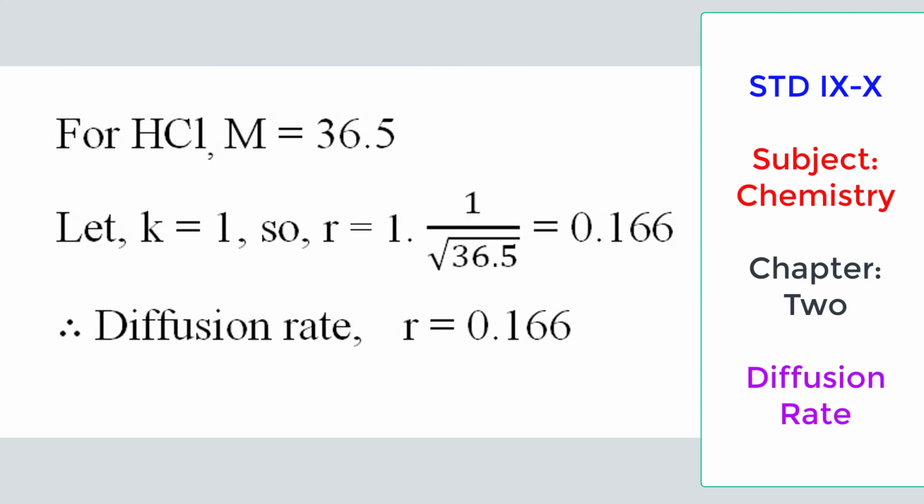Now for hydrochloric acid, the molar mass is 36.5. Let again K equal 1, and K is constant here. So R equals 1 into 1 divided by root over 36.5, equal to 0.166. Finally, we have got the diffusion rate R equal to 0.166.